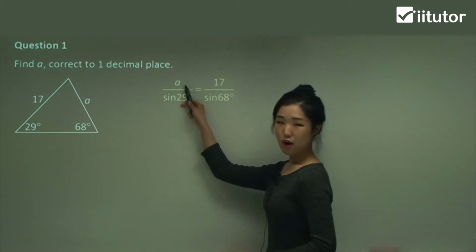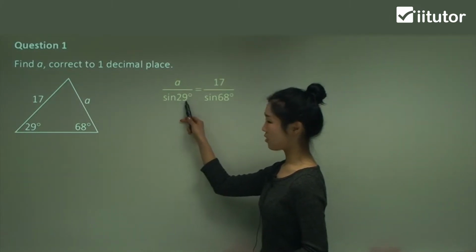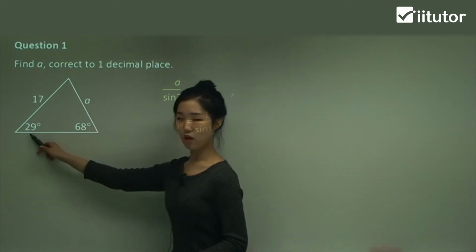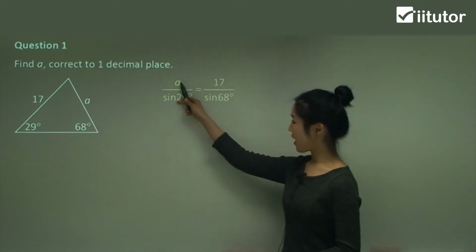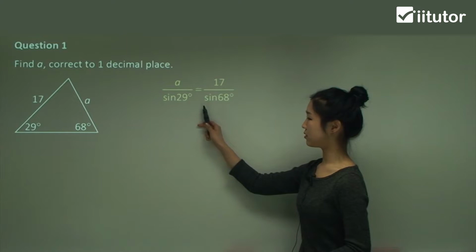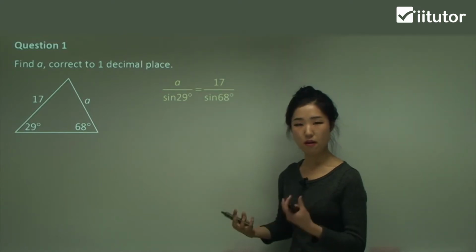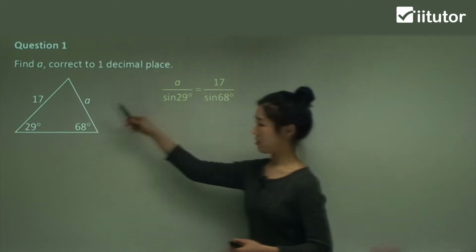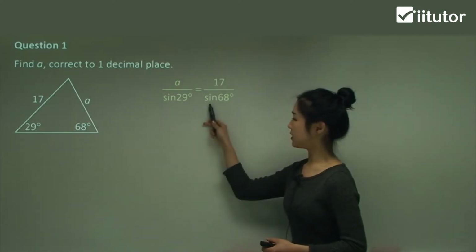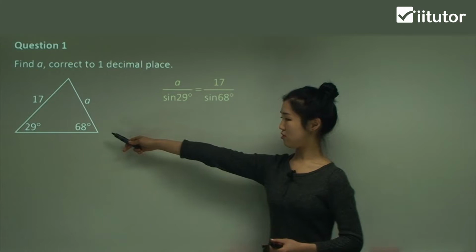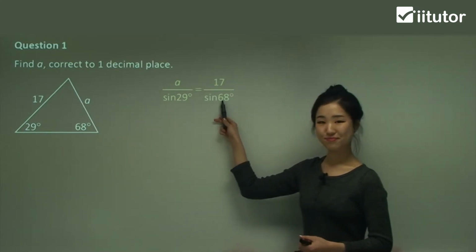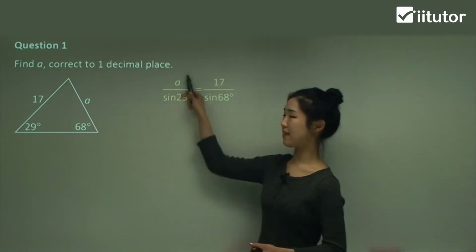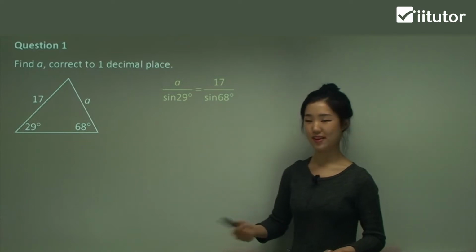So a over sine 29. The angle in here must always be the angle that's opposite that side. So a over sine 29 degrees equals, and then you use another pair of opposite side and angle: 17, which is this side here, over sine 68 degrees, and I've used that opposite angle for this one. So here the only pronumeral is a, so I can solve for it pretty easily.